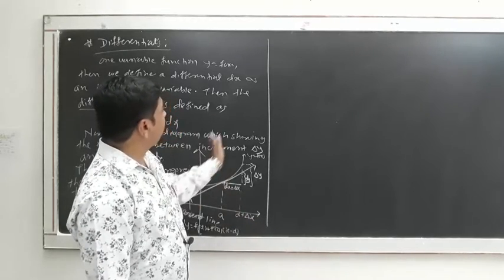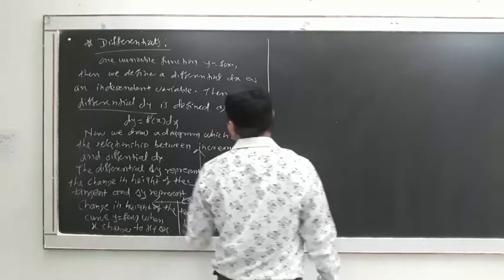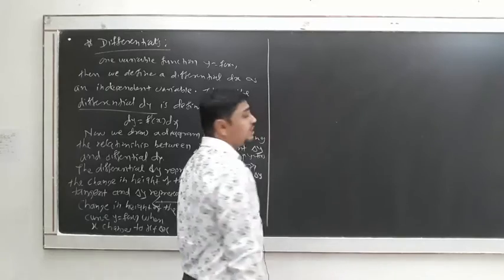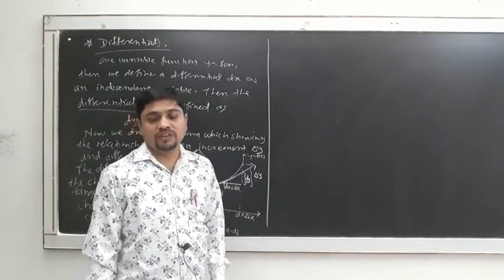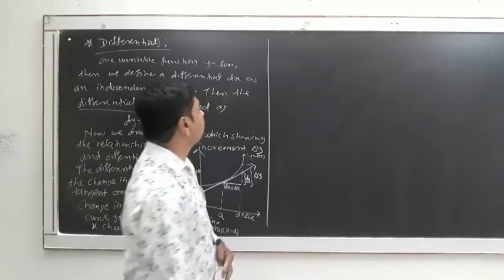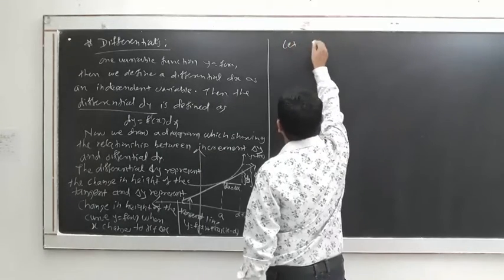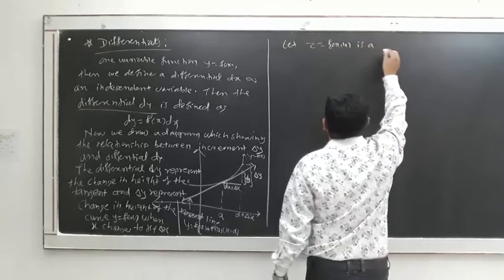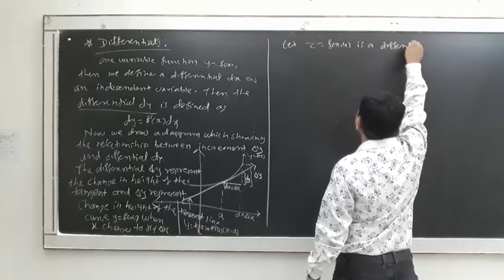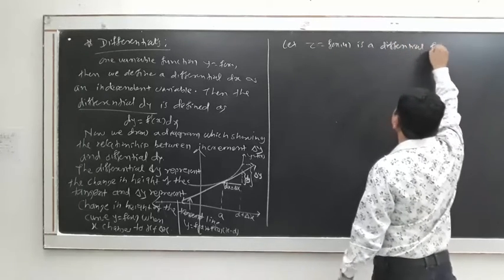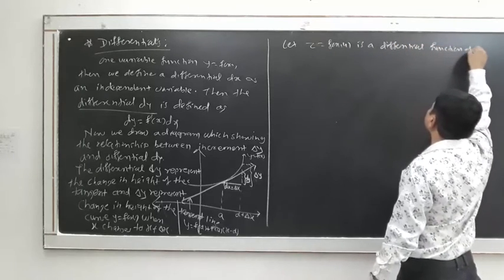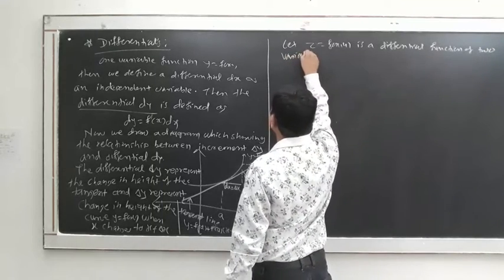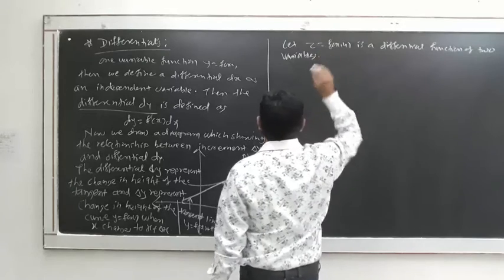Now similarly we have to write this for the differential of a two variable function. Let z is equal to f of x y be a differentiable function of two variables.